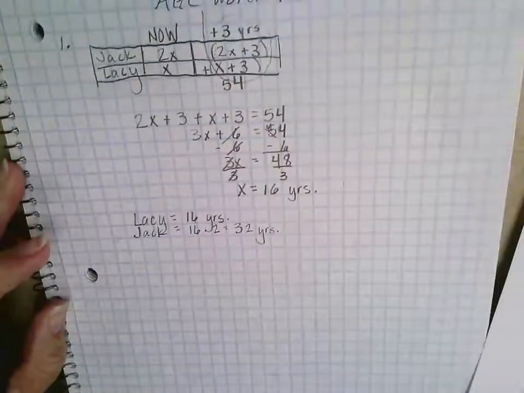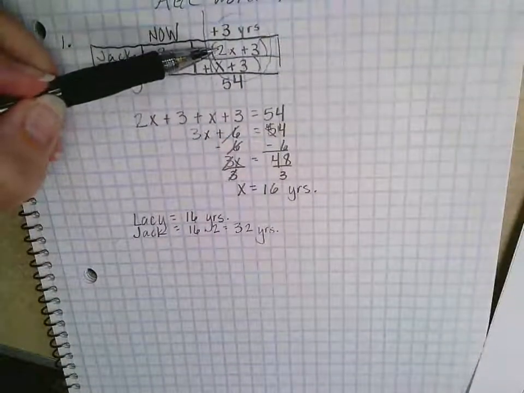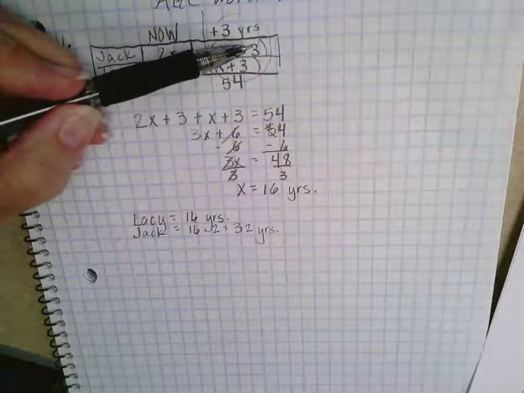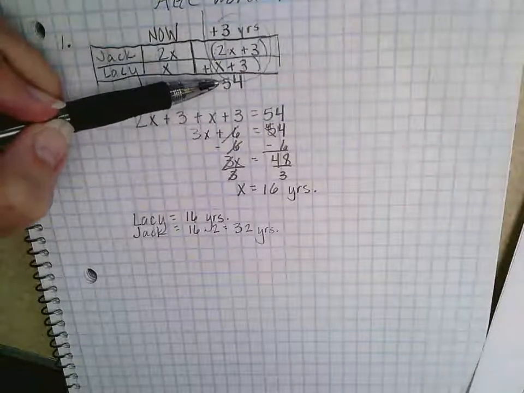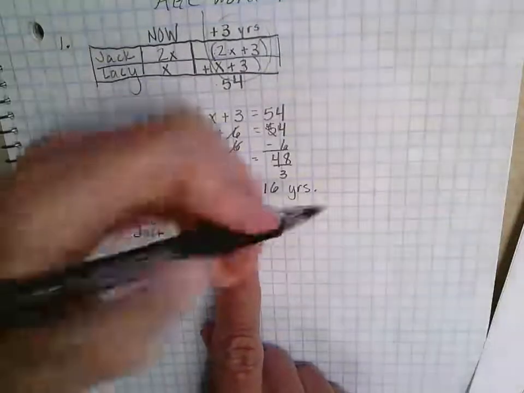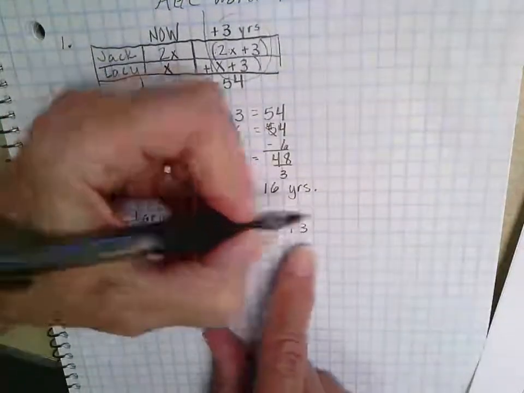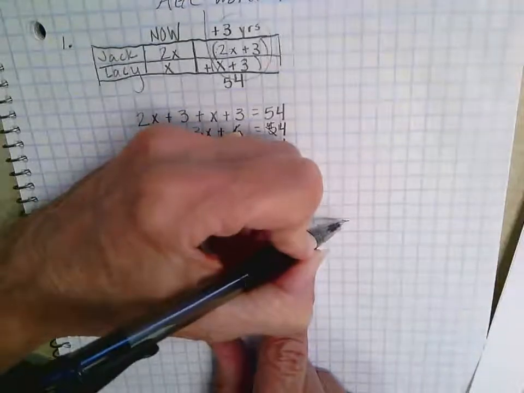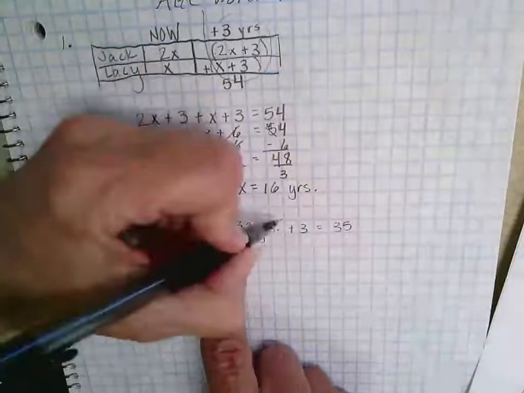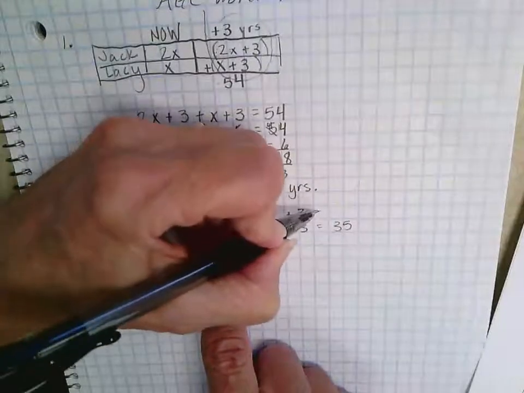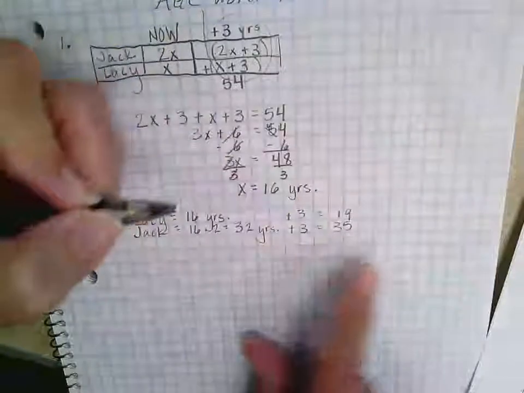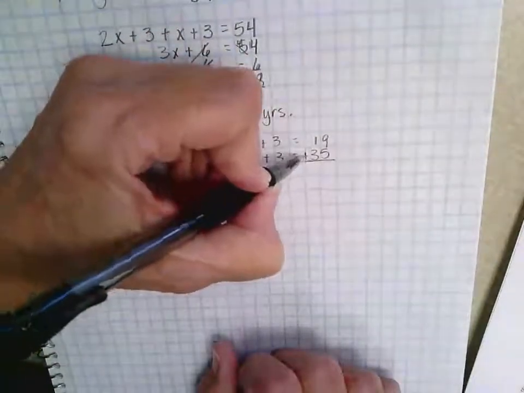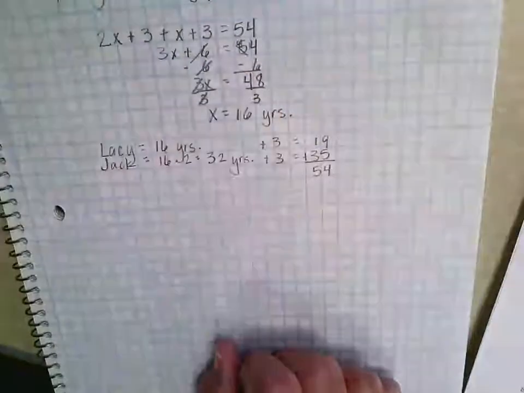Now, to check my answer, I want to look and see what age they would be in 3 years and see if it does add up to 54. So Jack in 3 years will be 35, and Lacey in 3 years will be, let's see, 19. And when I add 19 plus 35, I get 54.